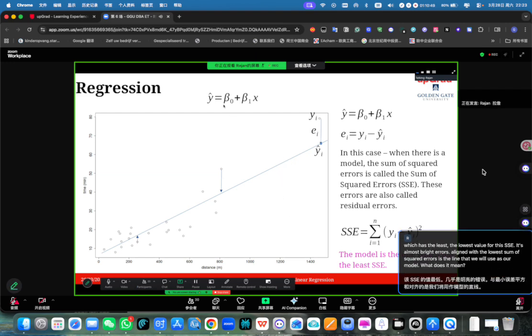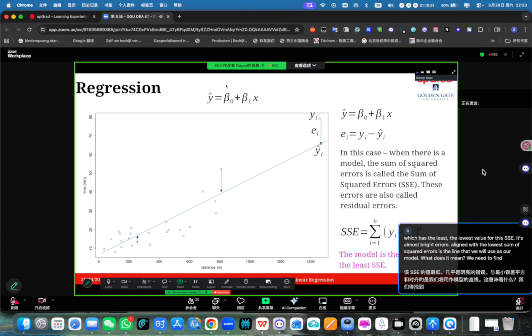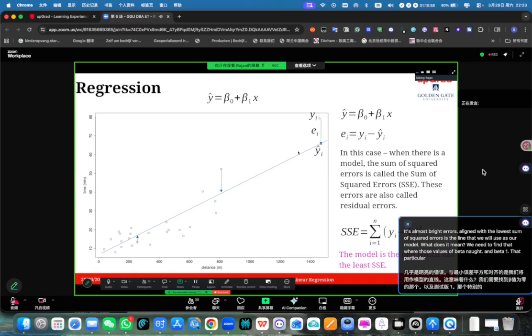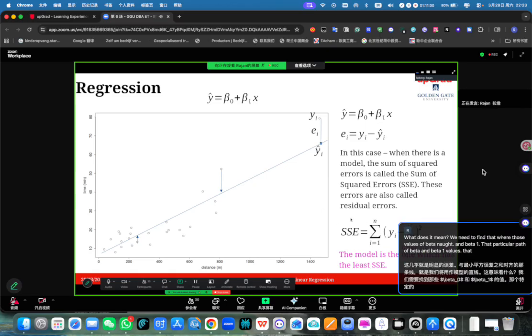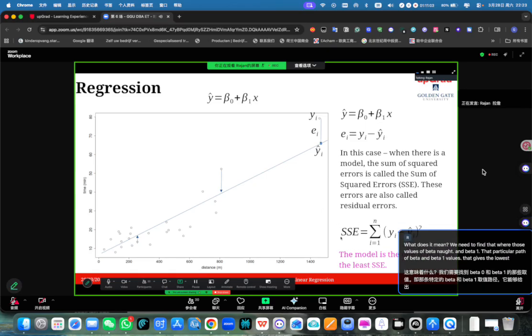We need to find that particular pair of beta naught and beta 1 values that gives the lowest value for sum of squared errors.